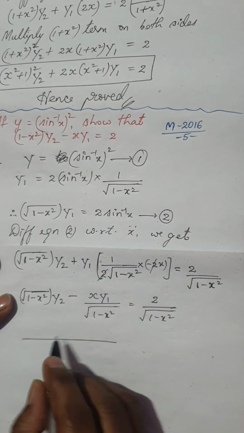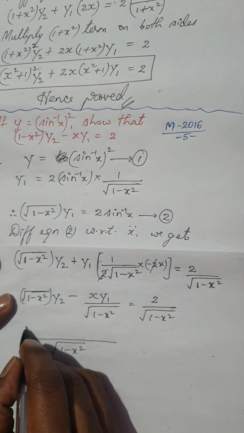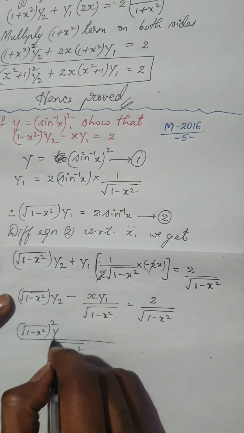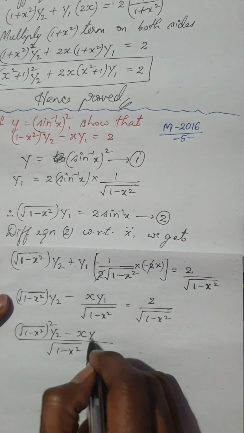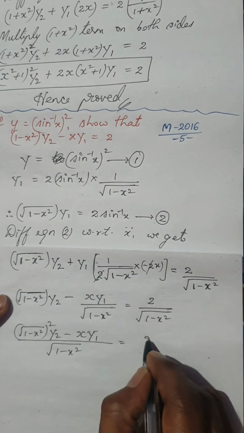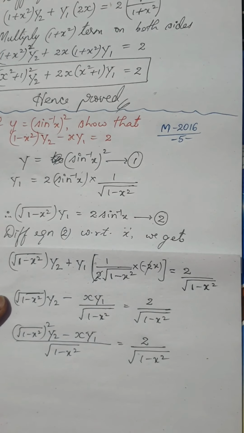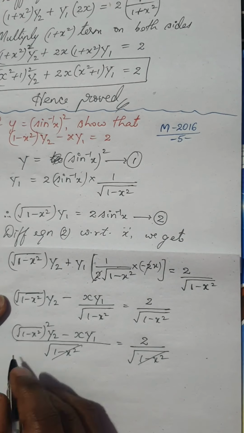Okay, so let us take LCM in the next step here. So the denominator would be root of 1 minus x square. I already have root of 1 minus x square here, so it will be squared into y2 minus x times y1 is nothing but 2 divided by root of 1 minus x square. Is it clear? So you can cancel the denominators on both sides.